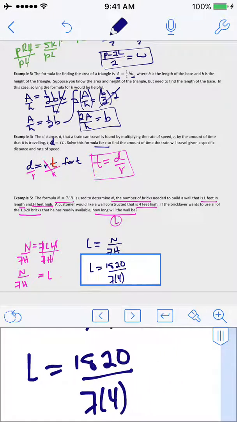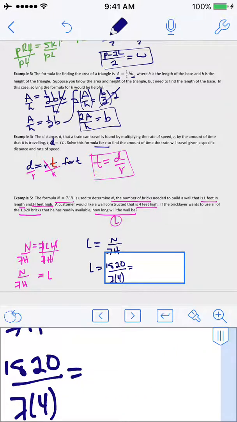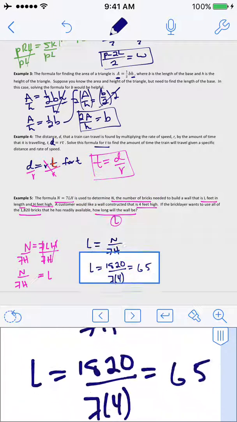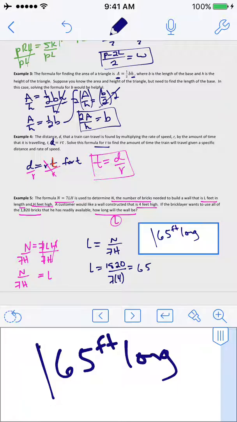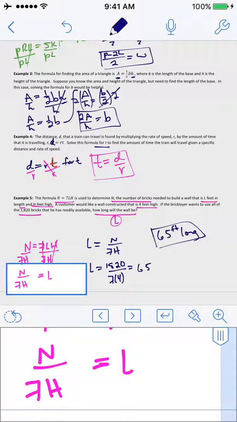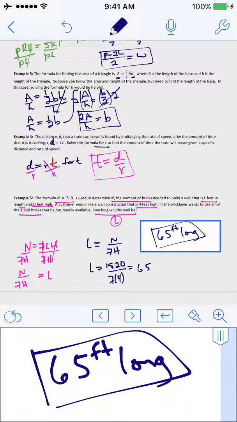That's going to be our L. We crunch that out. 1,820 divided by, well, 7 times 4 is 28. So L is equal to 65. Got to translate back. So this length is going to be 65 feet long. And we can see how rearranging a formula helps us to solve for the one that we need.